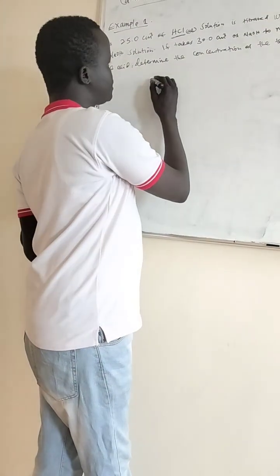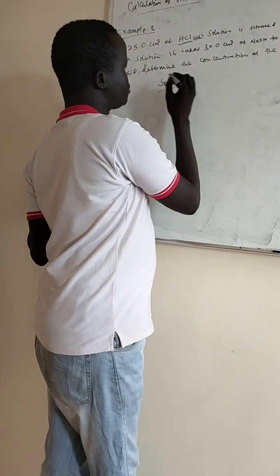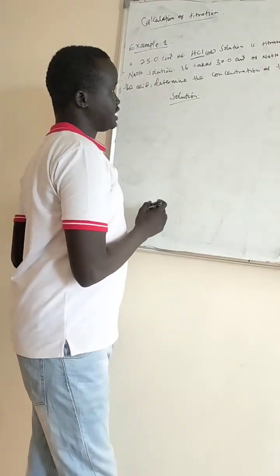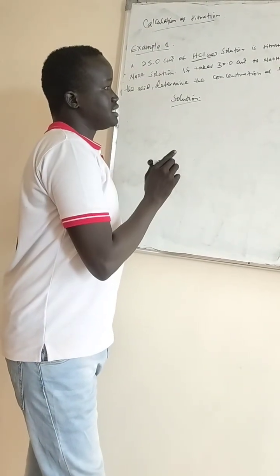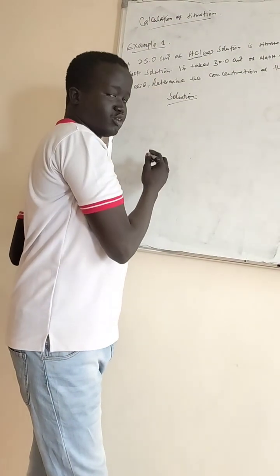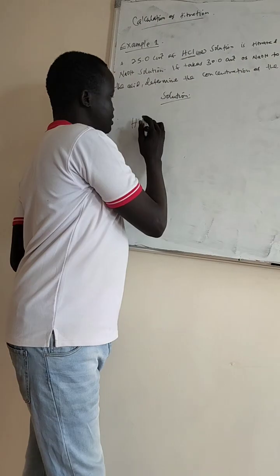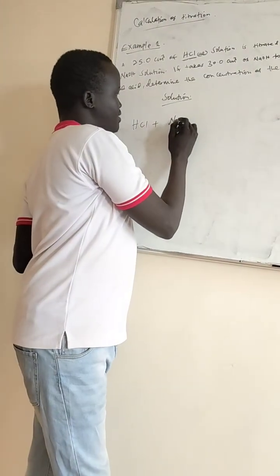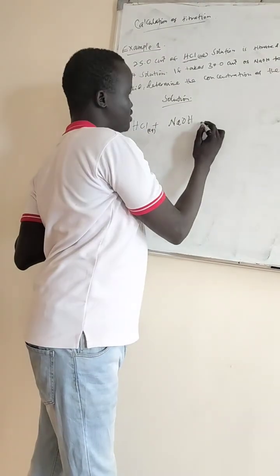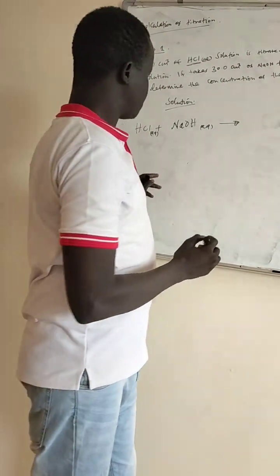Therefore, this is going to be very simple, and I want you to follow the stepwise solution. The first step is to write the equation between the sodium hydroxide and the hydrochloric acid. When you react the base with the acid, you form salt and water.